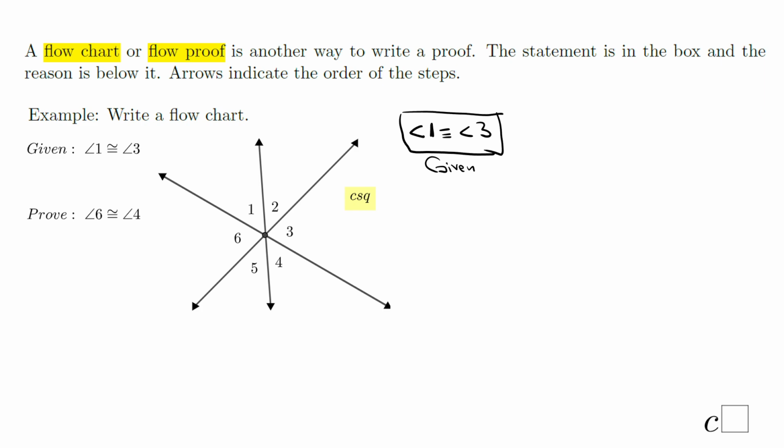Okay. So now what will be the next thing? What have we done in the other slide, if you remember? It was given that angle 3 was congruent with angle 6. And I'm going to put that here.